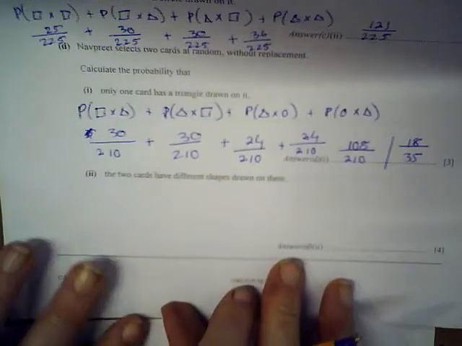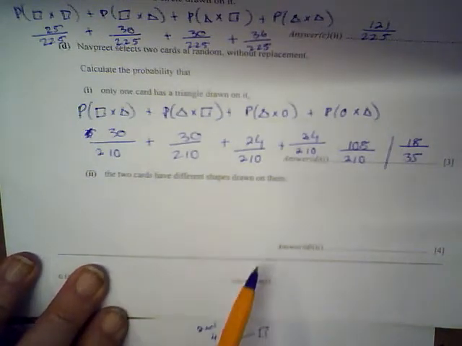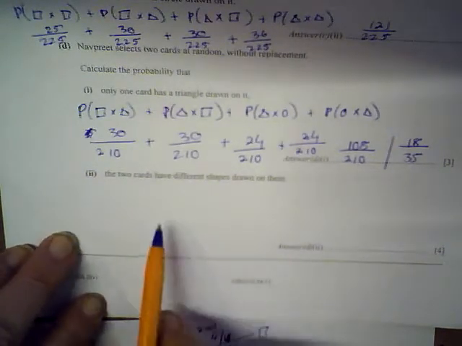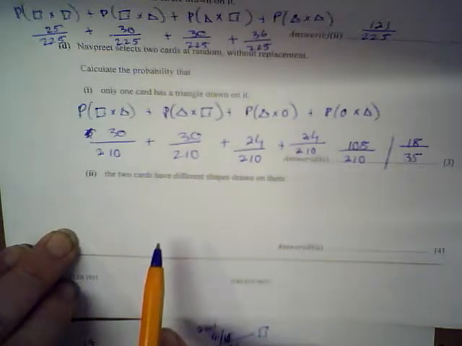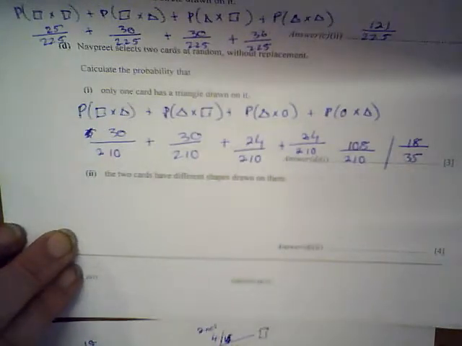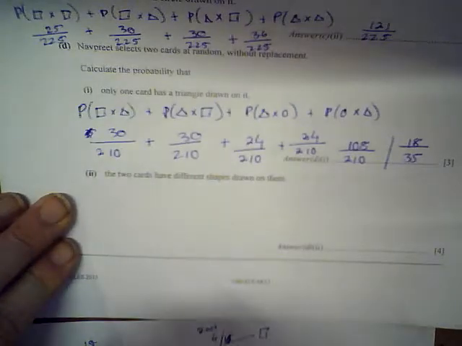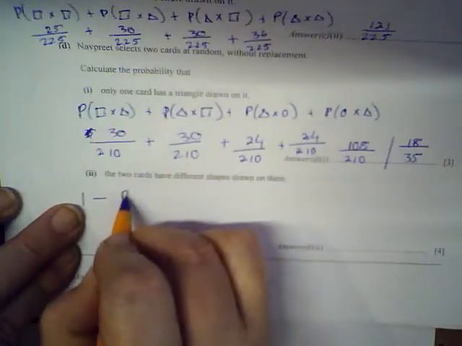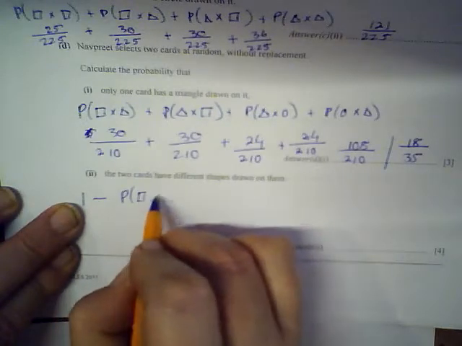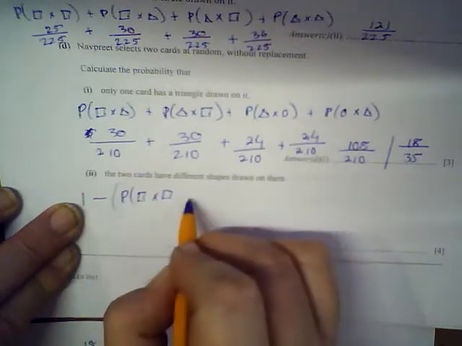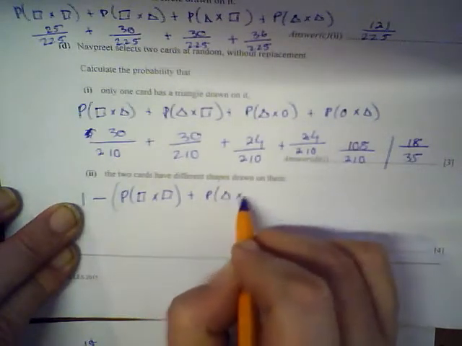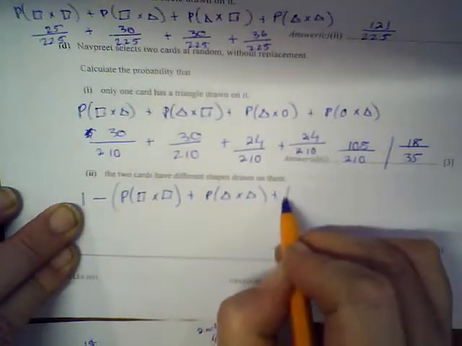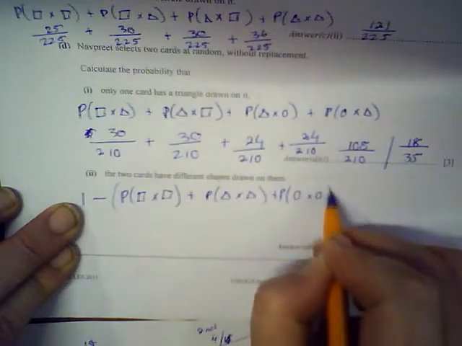Okay, the two cards have different shapes drawn on them, so none of them must be square, square, triangle, triangle, and circle, circle. So we can do it in both ways. I can say it is 1 minus the probability of getting a square times a square, plus the probability of getting a triangle times a triangle, plus the probability of getting a circle times a circle.